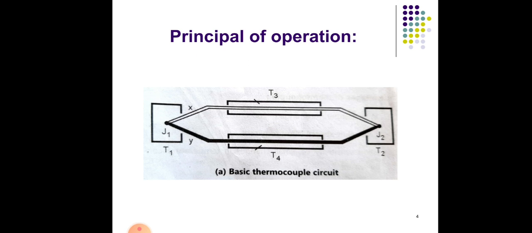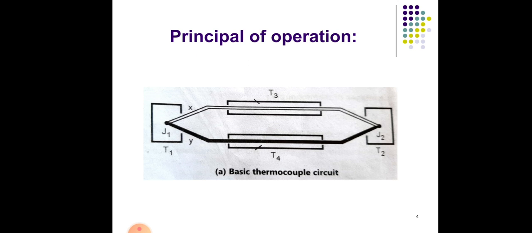Now, as shown in the figure, two different metals X and Y are joined together to form two junctions J1 and J2. If the junctions are kept at temperatures T1 and T2, then thermal EMF is produced which is proportional to the temperature difference T1 minus T2.